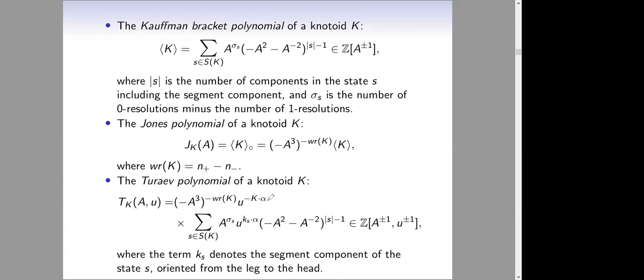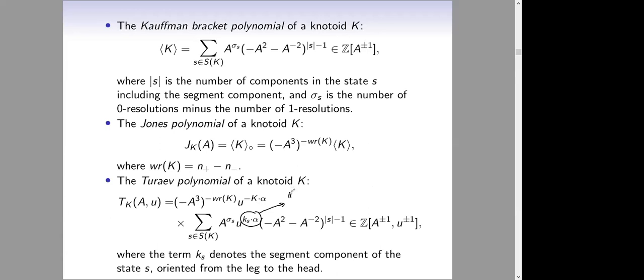This k_s is the segment component in the state S. And alpha is the shortcut. Now, k_s dot alpha is the algebraic intersection number.